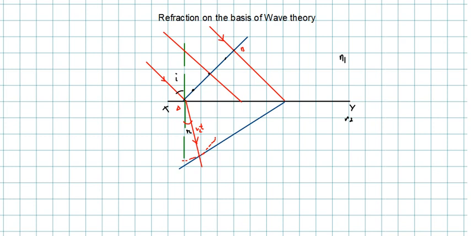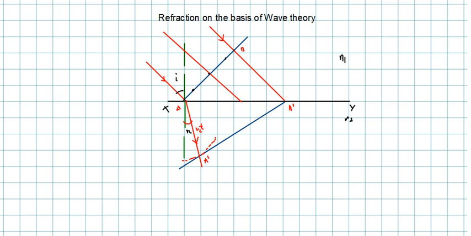Now, by the time the secondary wavelet from B reaches B prime, the wavefront from A has already reached up to this point A prime. That means the secondary wavelet has described a semi-hemisphere of radius v2t, v2 being the velocity of the secondary wavelets in the denser medium.